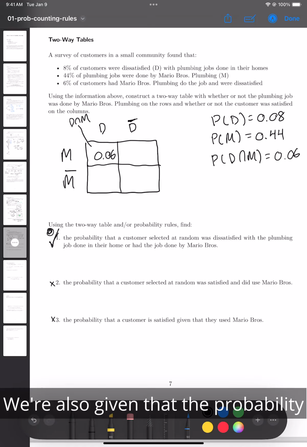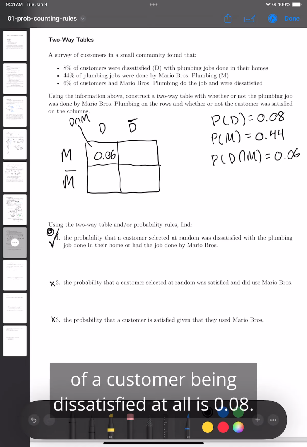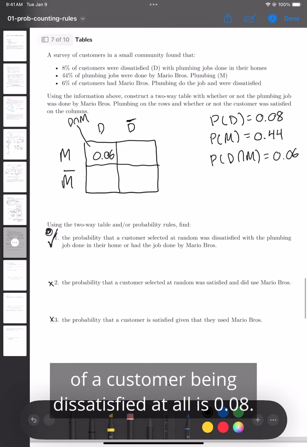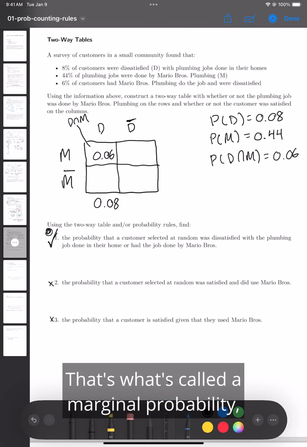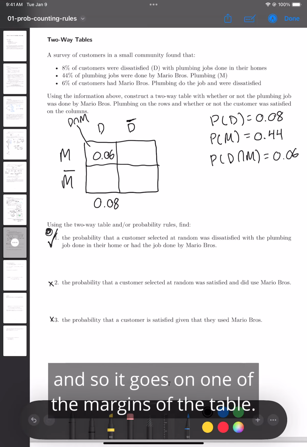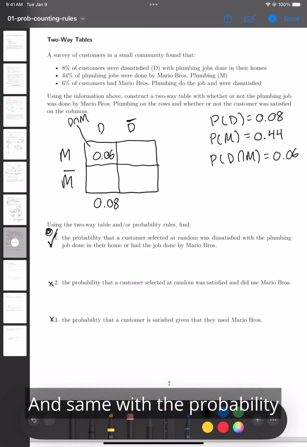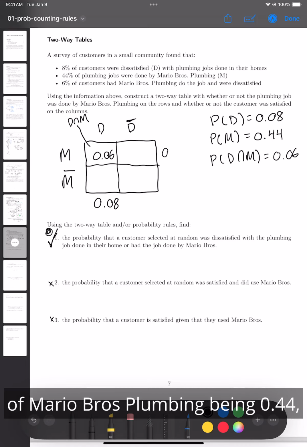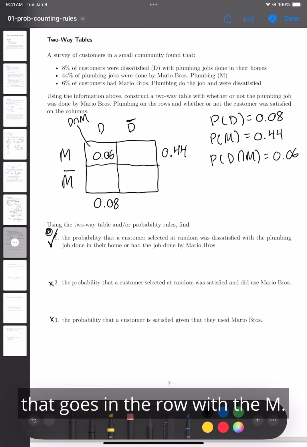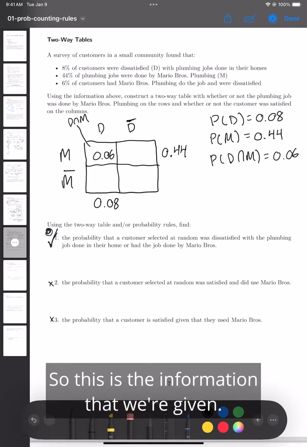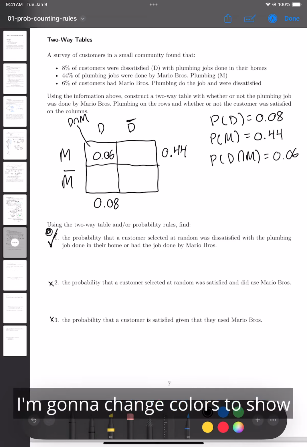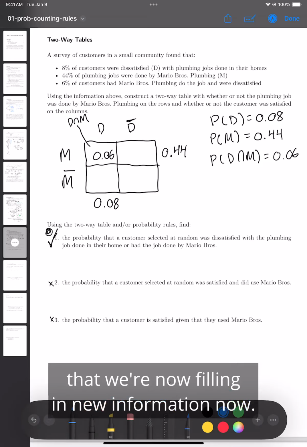We're also given that the probability of a customer being dissatisfied at all is 0.08. That's what's called a marginal probability, and so it goes on one of the margins of the table. And same with the probability of Mario Bros. Plumbing being 0.44. That goes in the row with the M. So this is the information that we're given. I'm going to change colors to show that we're now filling in new information.